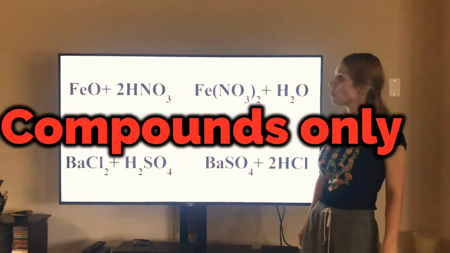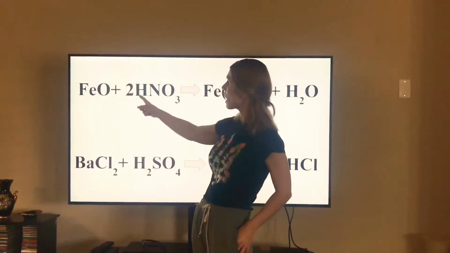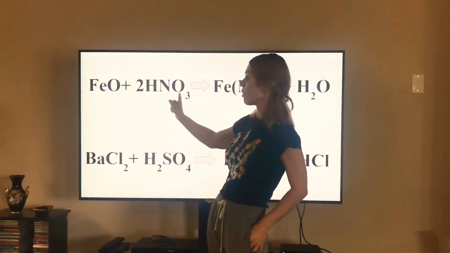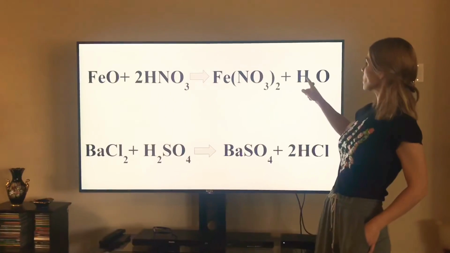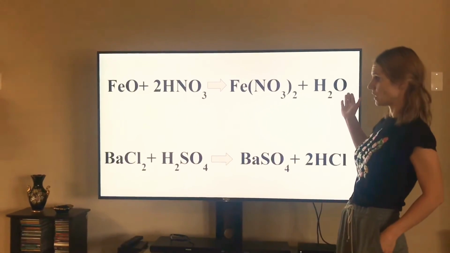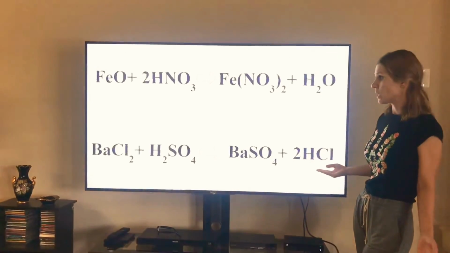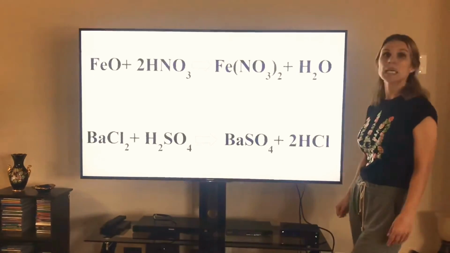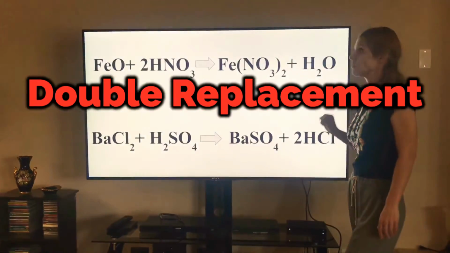All she sees is compounds. This is a compound because it's made of Fe and O. This is a compound of H and O, three different elements. Compound again, three different elements, and compound again of two different elements. If you look at the bottom, we see the repetition of the same pattern. Everything that we see here is a compound and no single elements. So, therefore, both of them are double replacement.